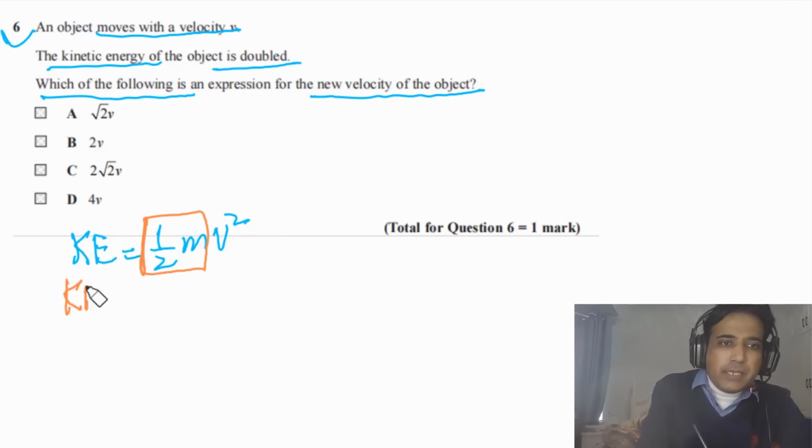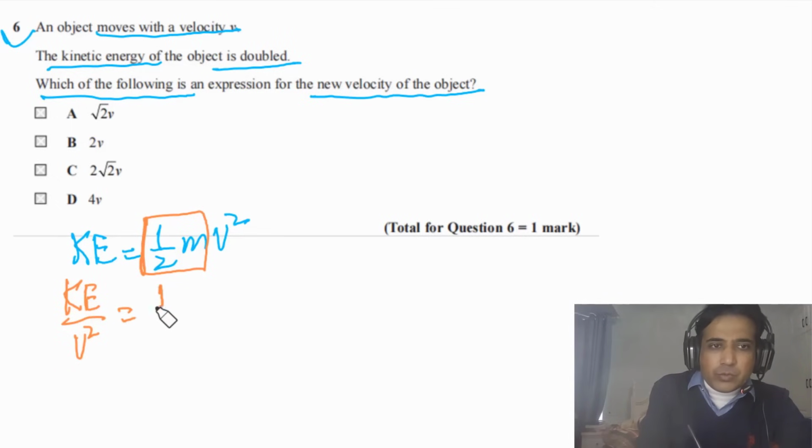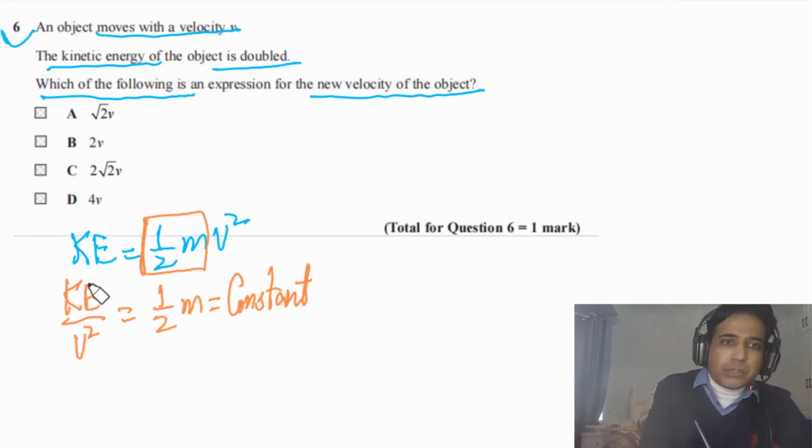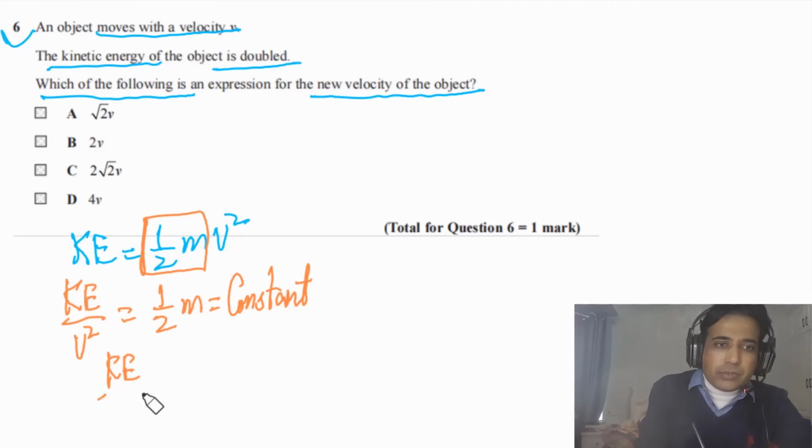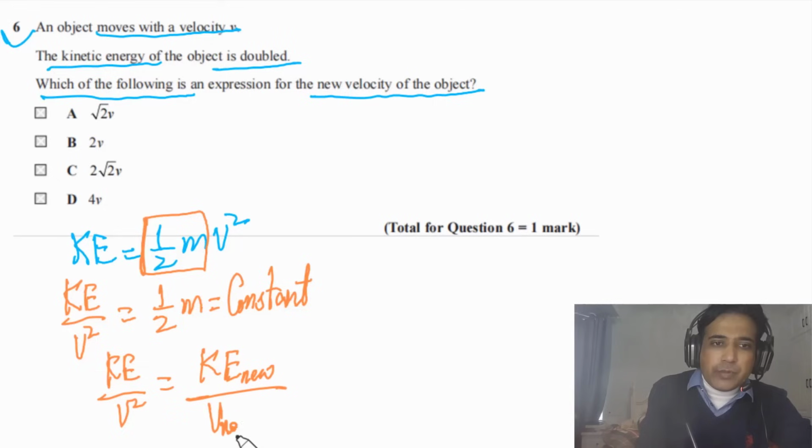So we can say kinetic energy over v squared is equal to 1/2 m, and as this quantity is constant, simply we can say the ratio between these two quantities remains constant. So we can write down here that kinetic energy over v squared has to be equal to the new value of kinetic energy divided by the new value of v squared.